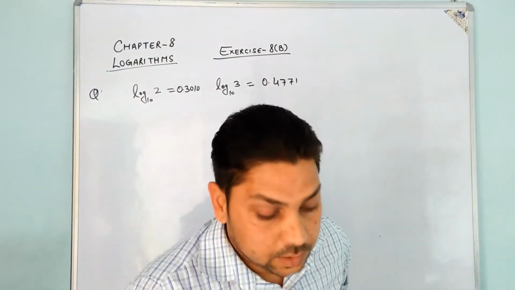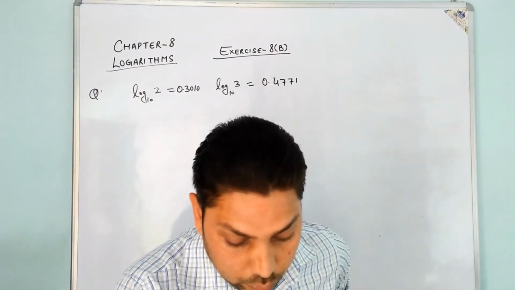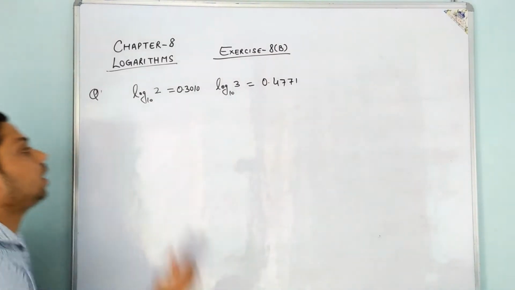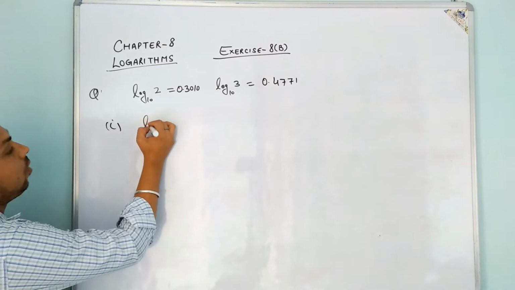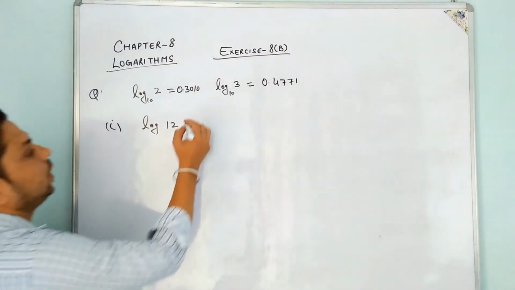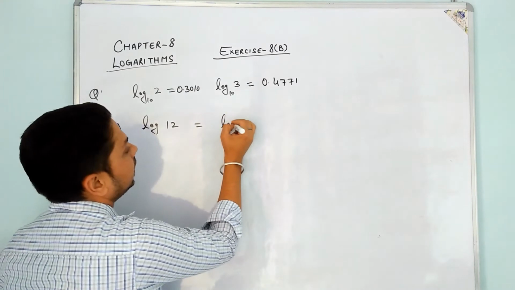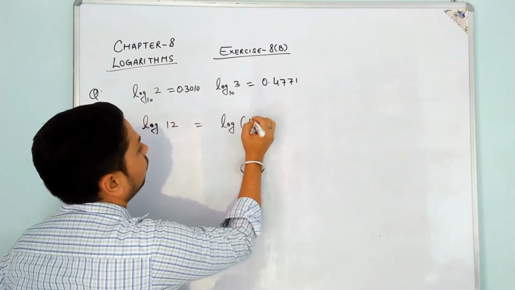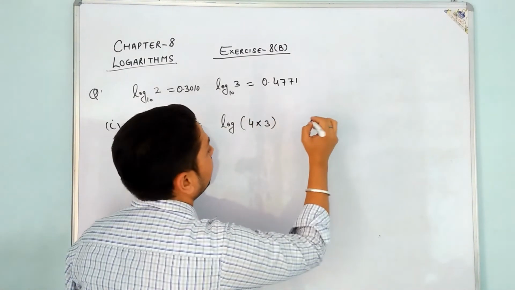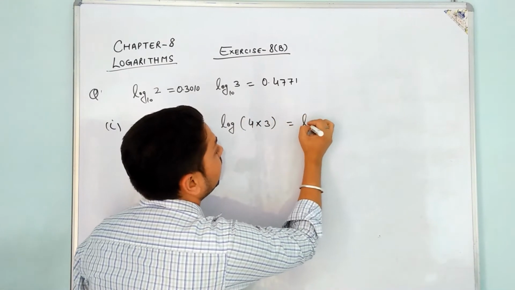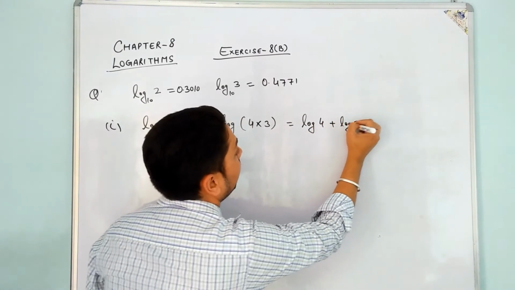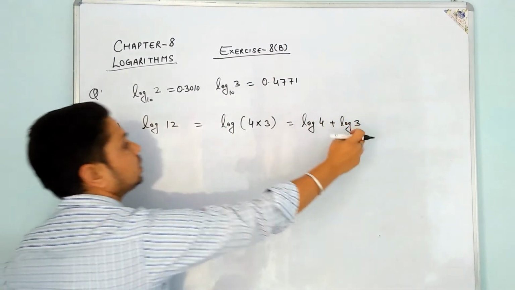Next, similarly, we have been given the values and we have to calculate the value here. First part here, log of 12 we have to calculate. Log of 12 can be written as 4 multiplied by 3. Using the property log of m into n is equal to log of m plus log of n, this is log of 4 plus log of 3.